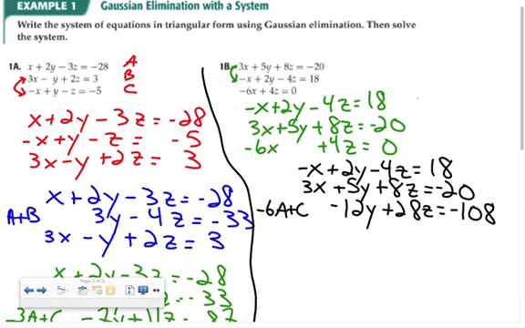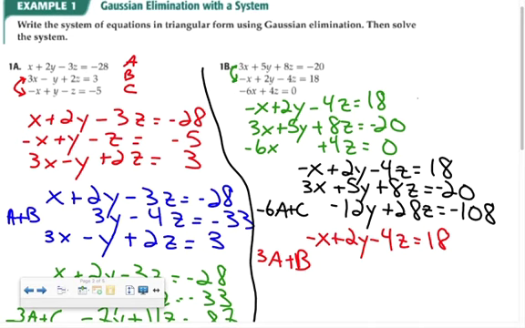So I'm still leaving the first equation alone. Negative x plus 2y minus 4z equals 18. I'm doing 3 times A plus B so that my x's will cancel out.